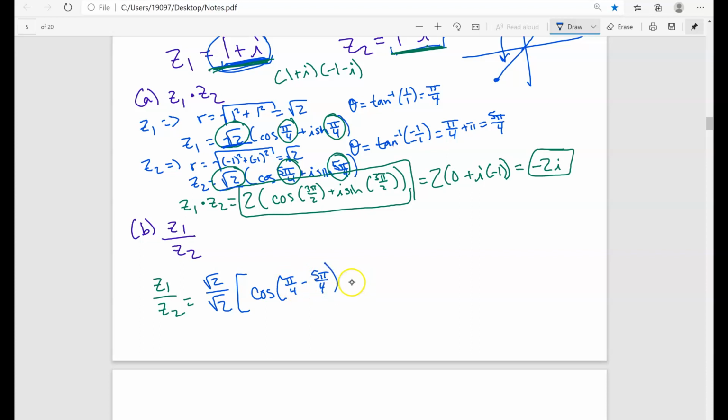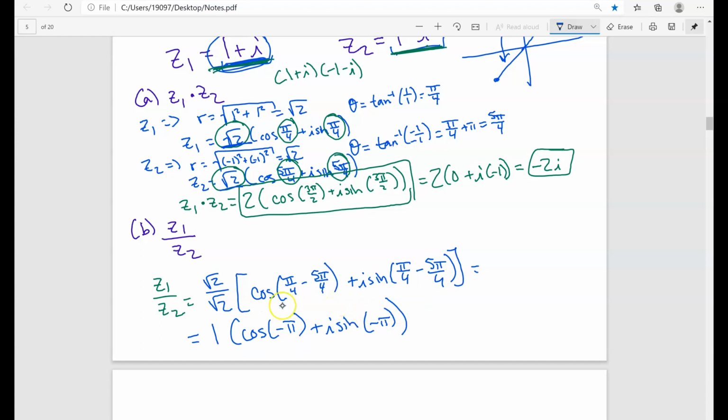Then plus i sine of pi over 4 minus 5 pi over 4. So what I'm going to get, let me write it down here. This is going to be a 1. Then we're going to have cosine of negative pi plus i sine of negative pi. So this guy will be the answer for the division between the two complex numbers.